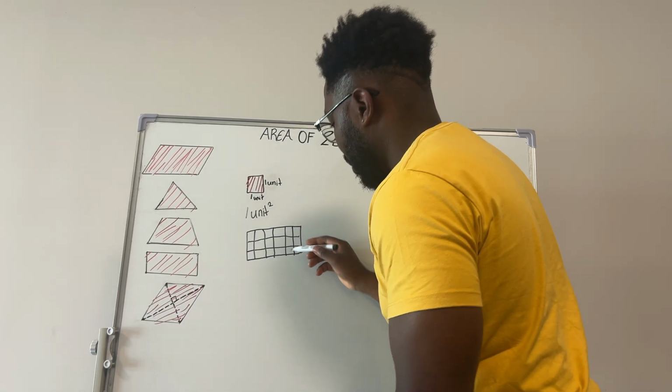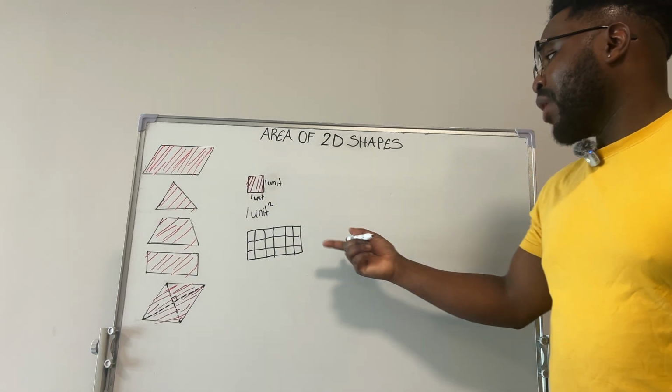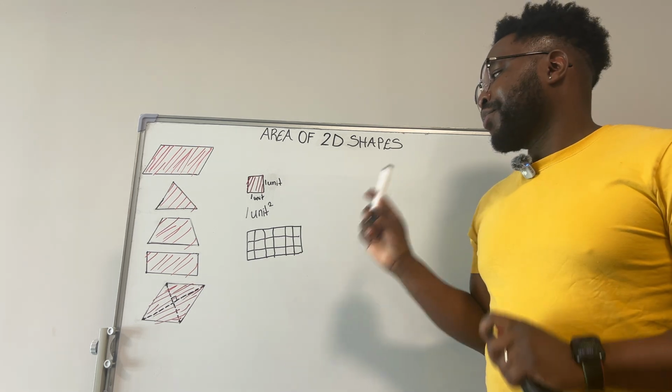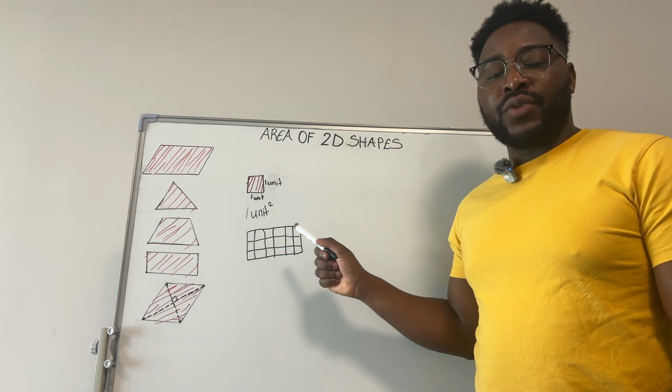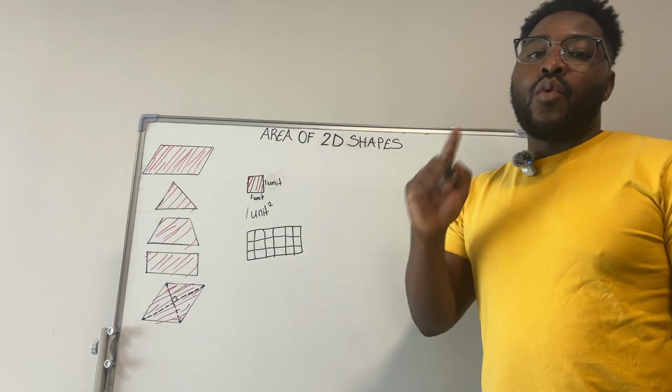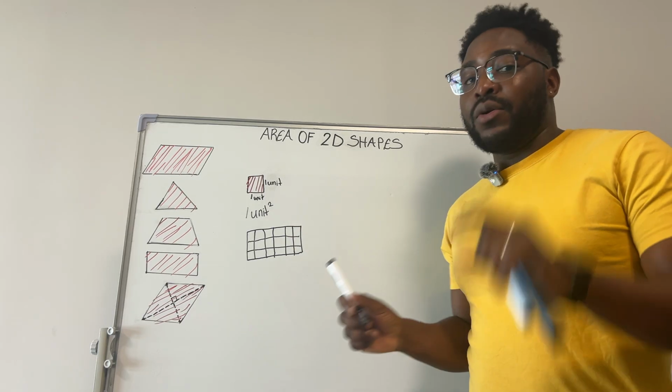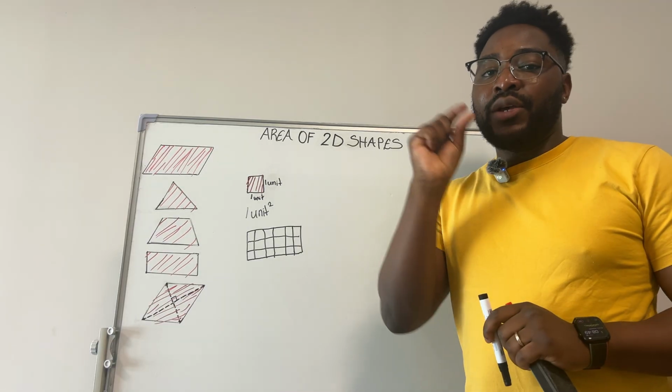Okay, so there we go. We have squares in this rectangle. One thing you have to note is that each square in this rectangle represents 1 square unit.